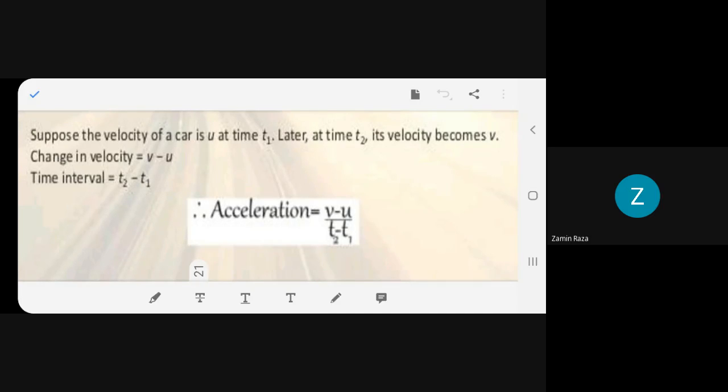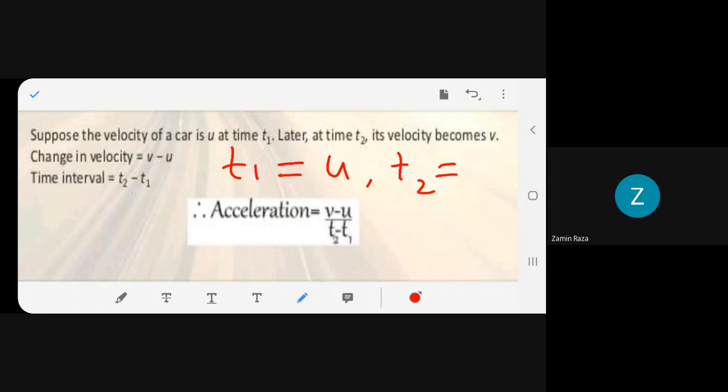Okay. That means what it is saying, suppose the velocity of car is u at time t1. So at time t1, the velocity is u, right? And at time t2, the velocity is v. So obviously, which one is final? This is final.